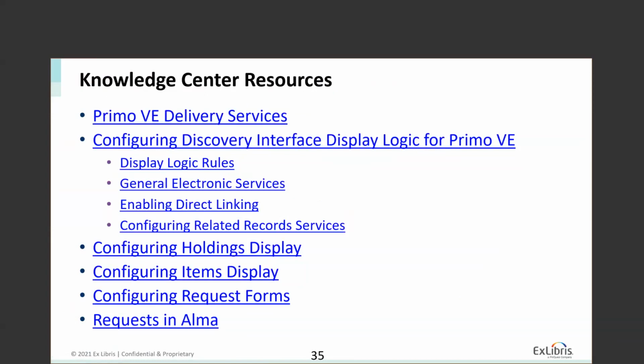Trying to drag my window down here. Yeah, there were a number of questions about what could be done with display logic rules. Okay. I'm having a hard time using my giant mouse cursor to drag this window down. It's hard to do precise work with these. I'm sorry.